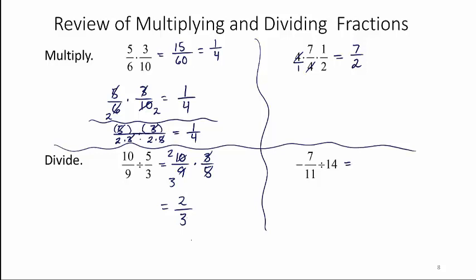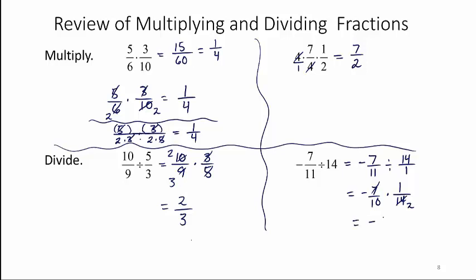All right, then over here we have negative 7 over 11. And we're dividing that by 14 over 1, right? I just want to reiterate that. When we've got a whole number like that, it's really over 1. So to change that into multiplication, we would have negative 7 over 11 times 1 over 14, right? Okay. And 7 over 14 is 1/2, right?